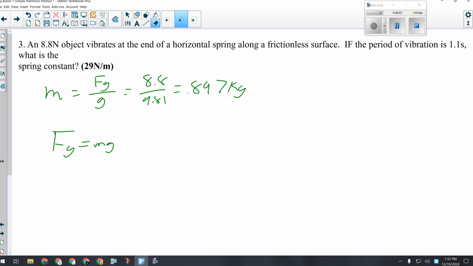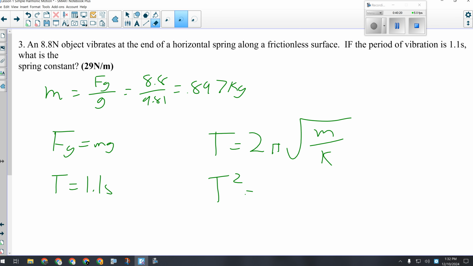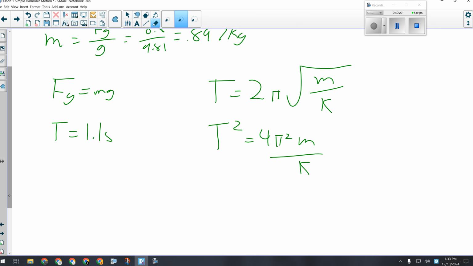Okay, vibrates along a horizontal spring on a frictionless surface. The period is 1.1 seconds. All right, so I've got the mass, I've got the period. T equals 2 pi root m over k, and I am trying to find the spring constant, so I'm looking for k. So I've got to square everything. T squared equals 4 pi squared times m over k, and then I'm just going to switch T squared and k to get k by itself.